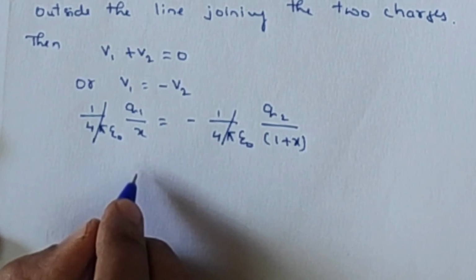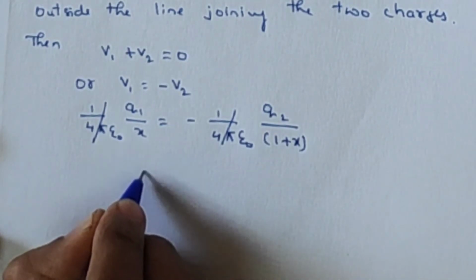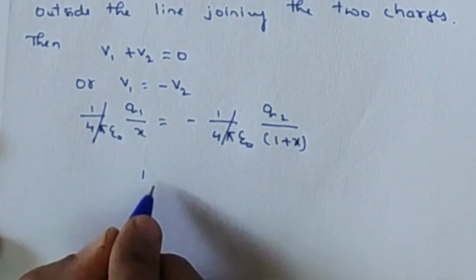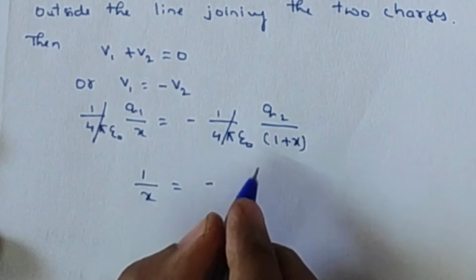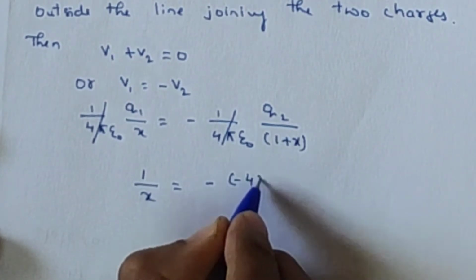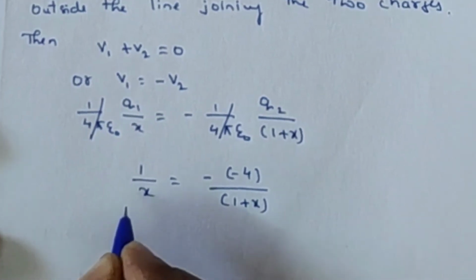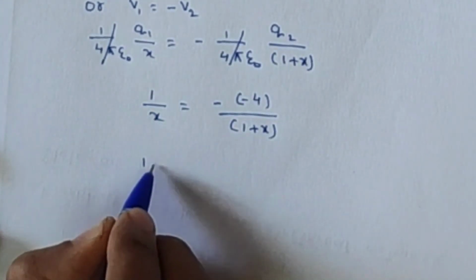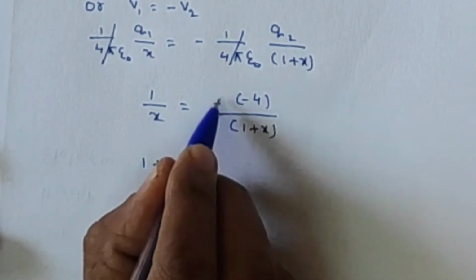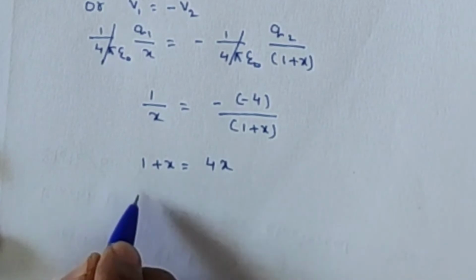Q1 is 1 nanocoulomb, 1 divided by x equal to minus 4 divided by 1 plus x. So we cross multiply: 1 plus x equal to minus minus plus, that is 4x.